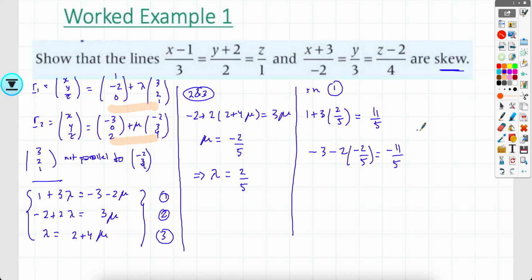So we get a contradiction. So the lines do not intersect. So we prove they're not parallel. They do not intersect. Therefore, they are skew.